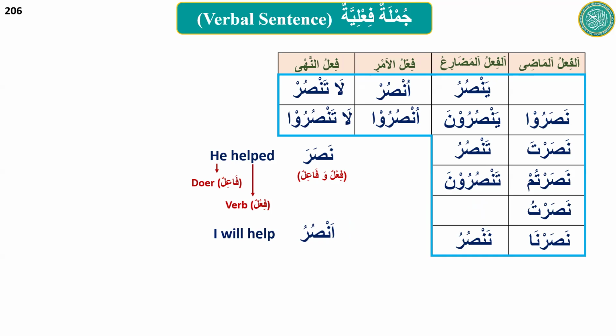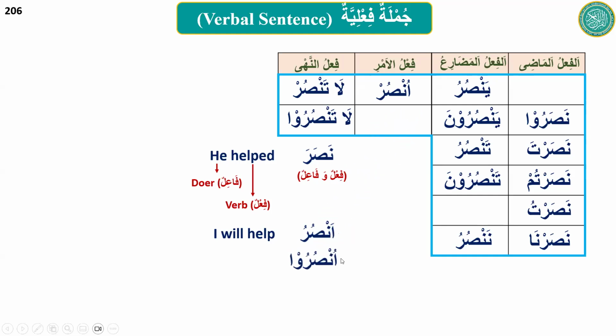Ansuru is the fi'l. What is the fa'il? I. Or ana. We can say ana. So I is the fa'il and ansuru is the fi'l. Ansuru means I will help. And this is a jumla fi'liya.